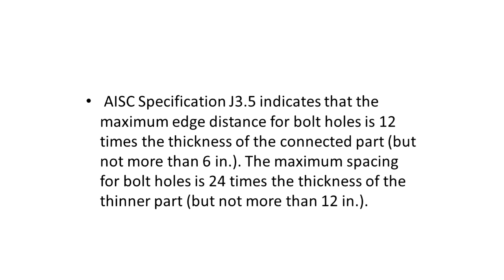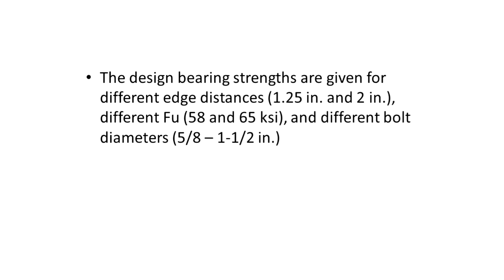The maximum spacing for bolt holes is 24 times the thickness of the thinner part. And the design bearing strengths are given for different edge distances, so we have 1.25 inch and 2 inches, different Fu, so we have 58 and 65 ksi, and different bolt diameters from 5/8 to 1 1/2 inches.